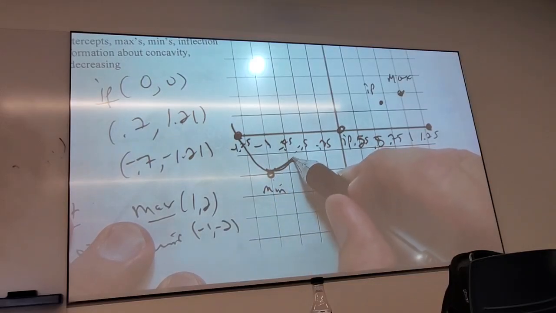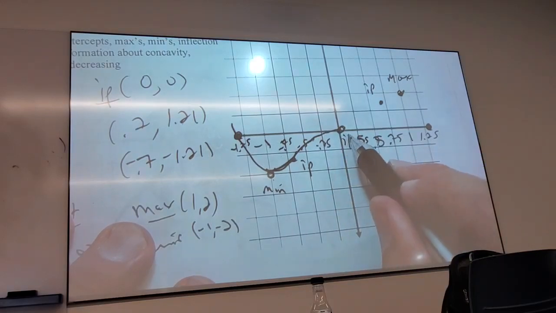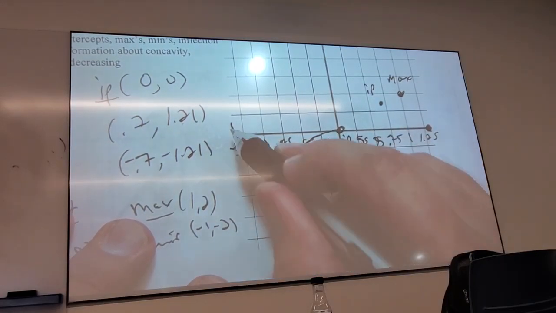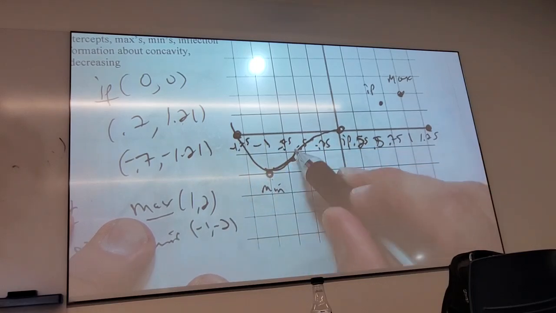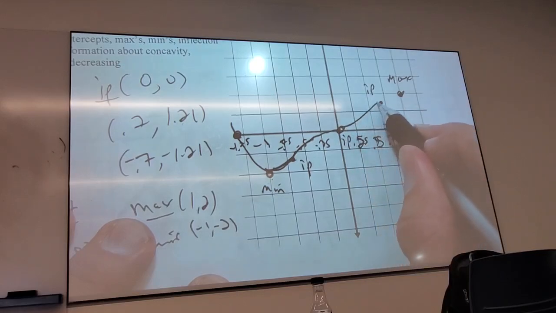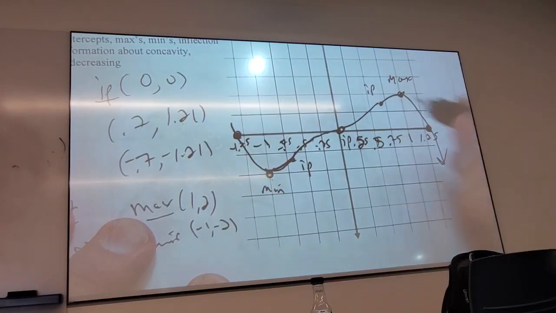So now it becomes concave down, and then there's an inflection point, yes? So if you label each point, I know it's concave up. I labeled that IP, so now it's concave down. You guys see that? Now there's another IP. Now it's concave up. Now there's another IP. Now it's concave down, and then it goes like that.